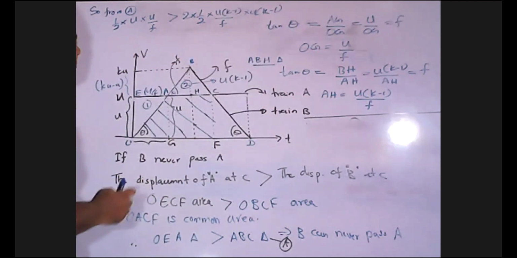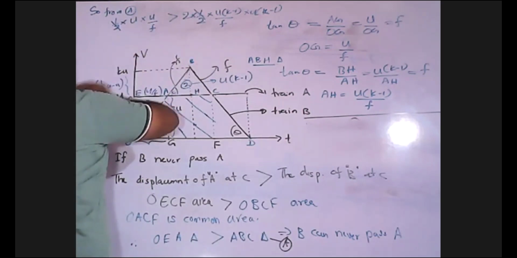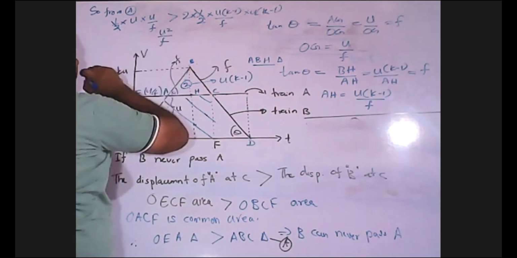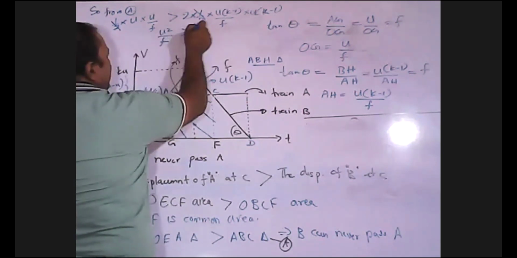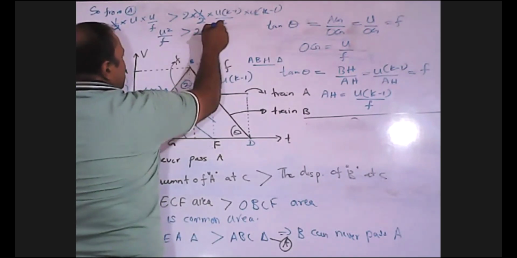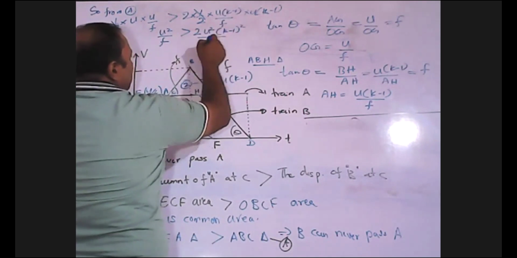Half into half will be cancelled out. So U squared over F is greater than 2 times U squared times K minus 1 squared over F.